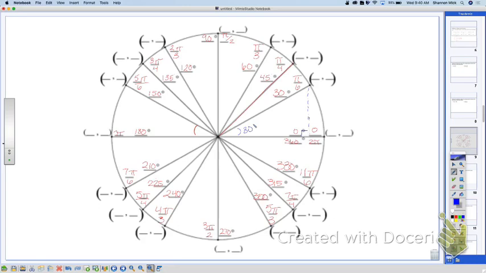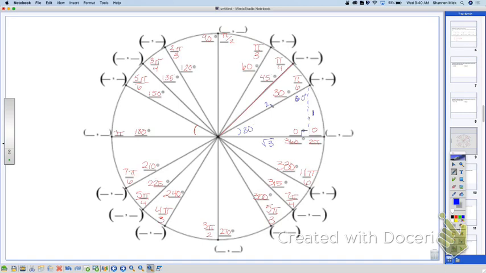So opposite 30 is 1. If this is 30 down here, this angle up here is 60. That'd be 2. So opposite 60, what's your ratio? Square root of 3. And then opposite of here is 2.